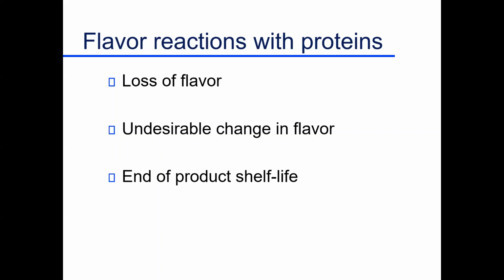Anything that will react with those side chain groups is going to disappear. They're going to be covalently bonded. They're not going to make a contribution to flavor. In some cases, that can destroy the flavor, because the key components disappear. And sometimes it just changes. We took all the aldehydes out of my flavor, left me with garbage.